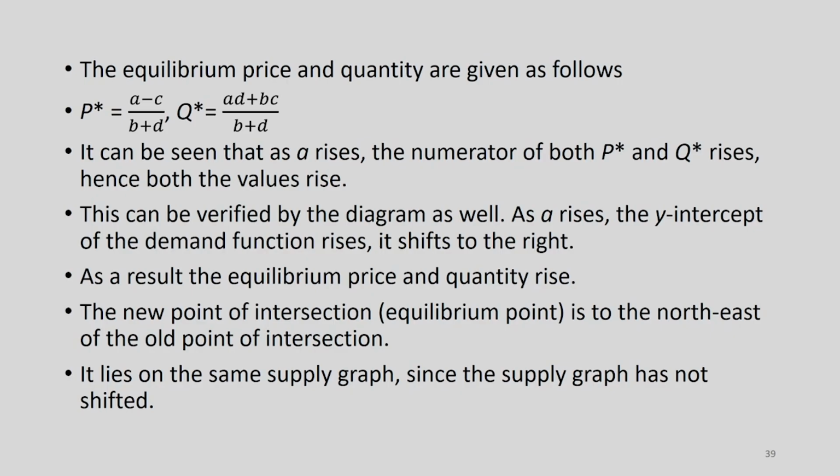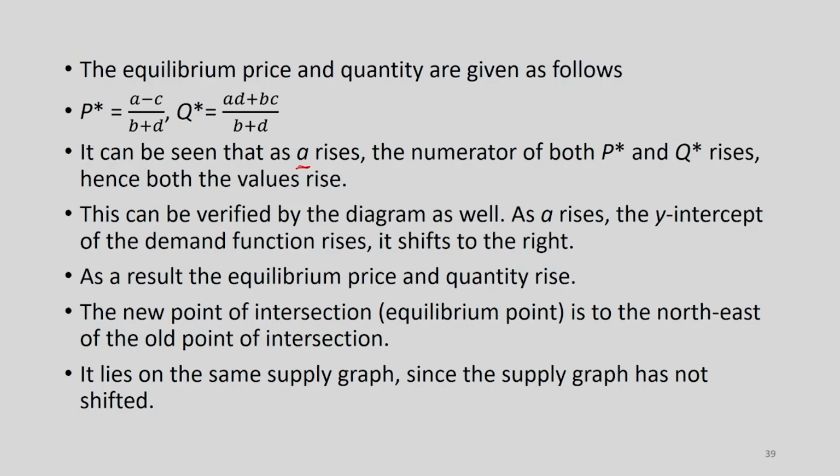Now, what happens in this story if some of these parameters change? Suppose this small parameter a, which is positive, rises, and you can see that straight away from the expression of P star and Q star.